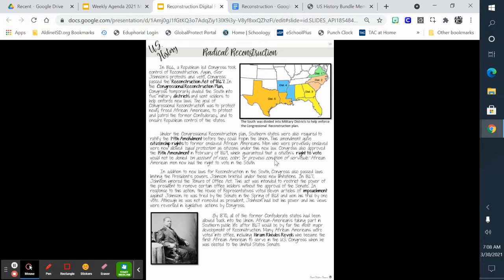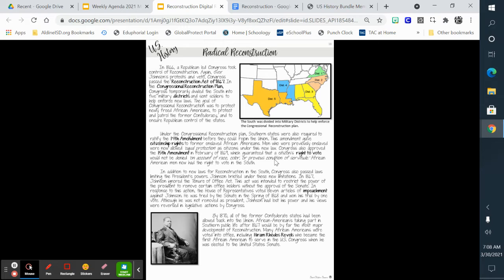When we looked at radical Reconstruction with the Congressional Reconstruction Plan, even though Johnson vetoed the Reconstruction Act of 1867, Congress was still able to pass it on top of that presidential veto.